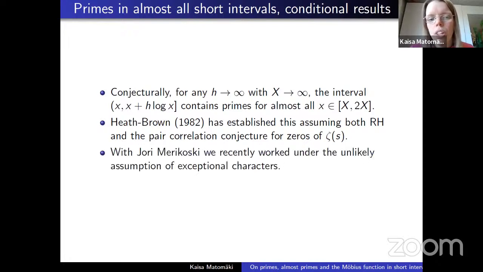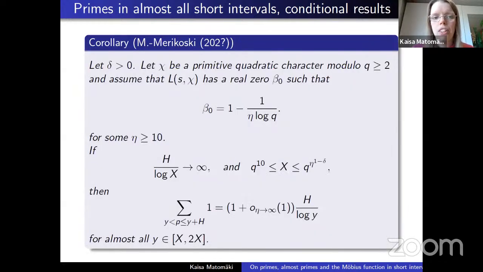And on the other hand, with Juri Merikoski, we have recently worked on the same question under the unlikely assumption that there are exceptional characters. So let me describe briefly our result. An L-function is very similar to the Riemann zeta function, but it's twisted by a multiplicative function called the character.